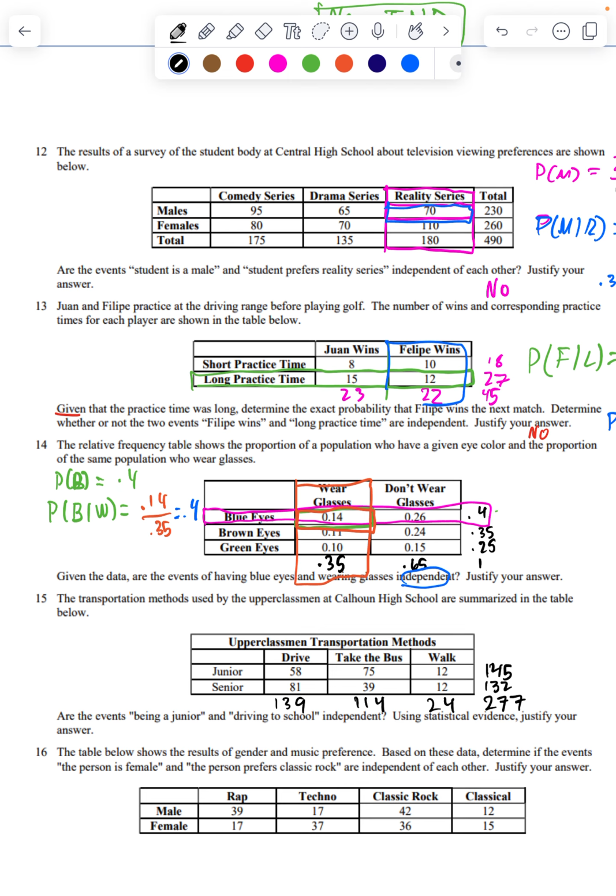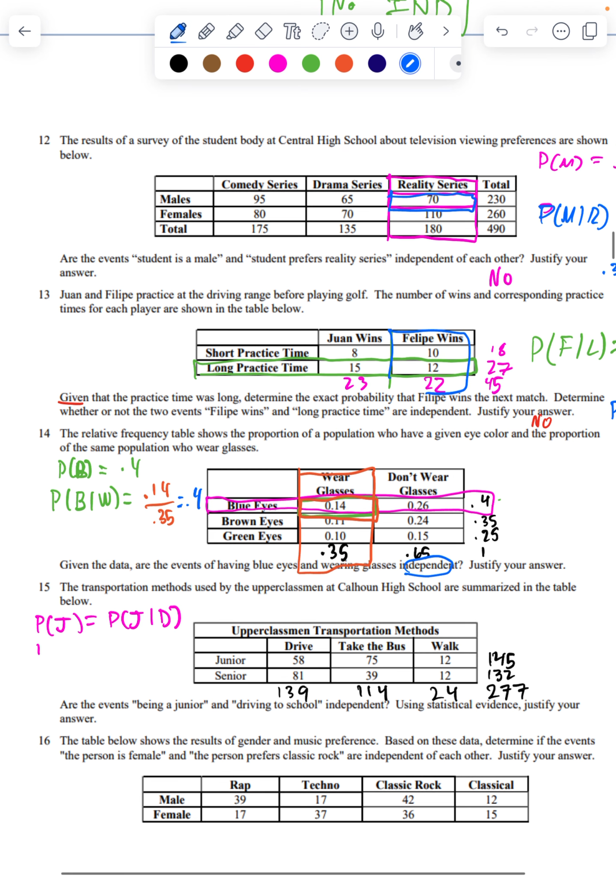Are the events being a junior and driving independent? Again, they're asking you to check if P of J equals P of J given driving. Are these equal? What's the probability of being a junior? That's 145 over 277.